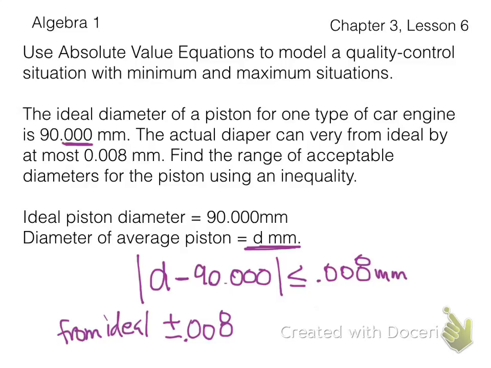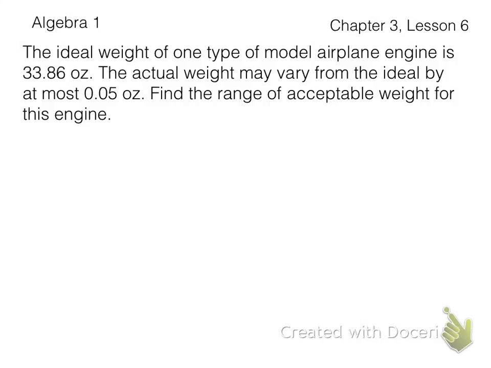Okay? All right, so another similar question would be the ideal weight for one type of model airplane is 33.86 ounces. The actual weight may vary from the ideal by 0.05 ounces, and we need to find the range of acceptable answers. So we're going to set it up the same way.